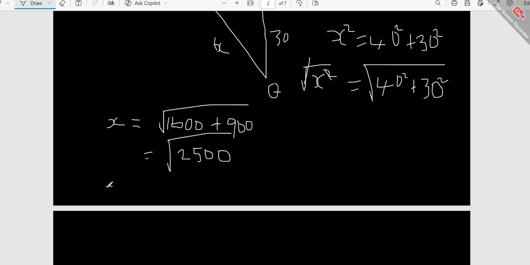So our x is equal to the square root of 2500, which is 50. So the distance PQ is equal to 50 kilometers.